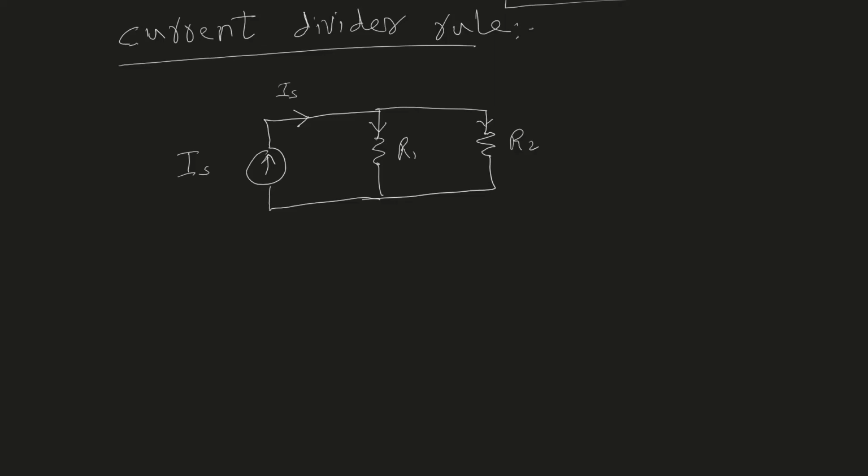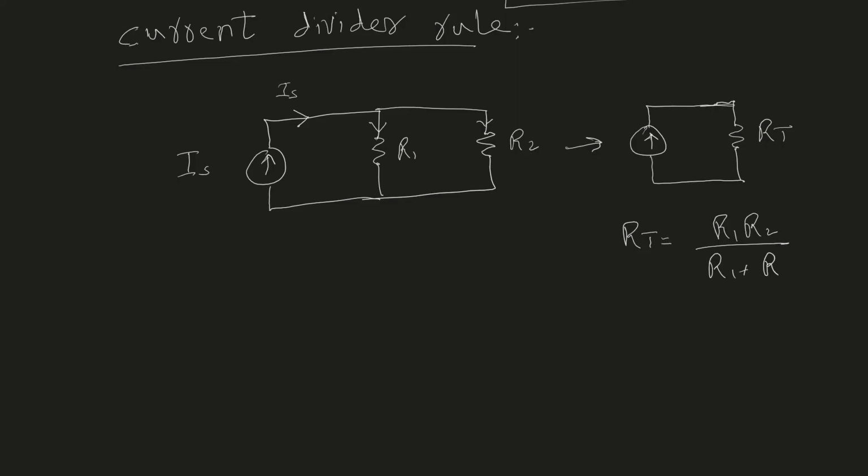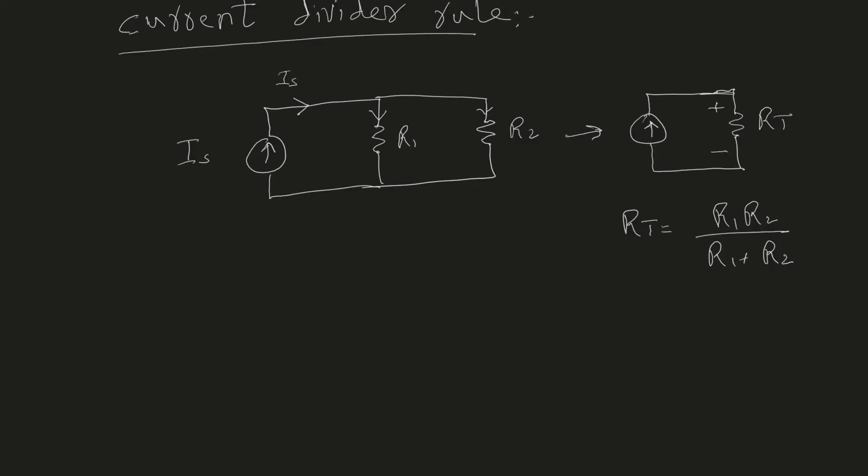So to derive the equation of CDR, I will first construct the equivalent circuit of the original circuit. So we have 2 parallel resistors, R1 and R2, and I will say that R total is the equivalent resistance. The equivalent resistance of 2 resistors in parallel is R1 R2 divided by R1 plus R2. And now I can find the voltage across this resistor R total, because we know that the current is IS.